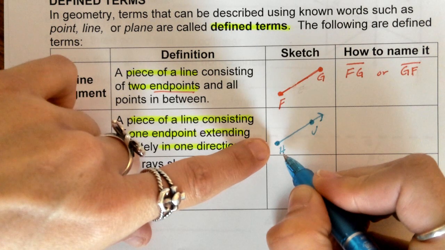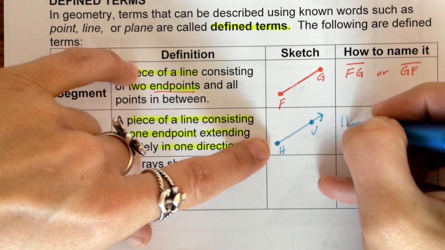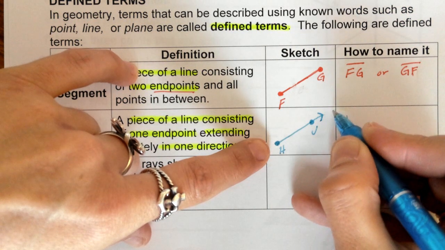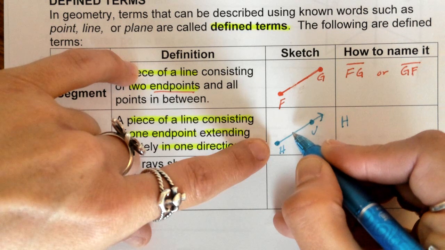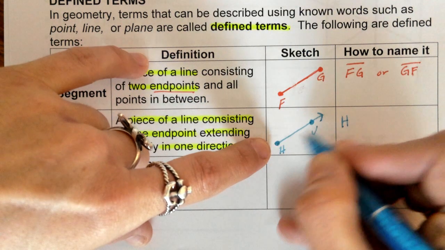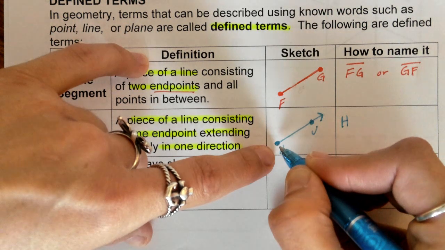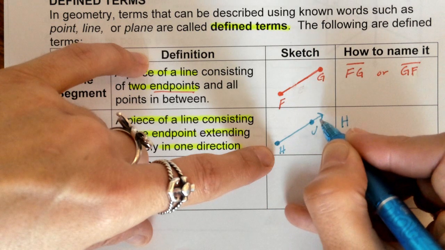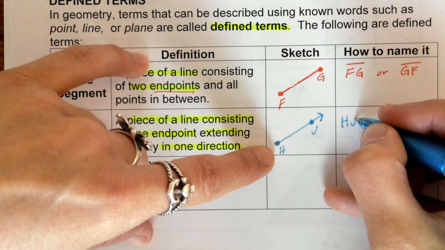So I have to start it with H. I don't get an option here. I have to start it with H, and I can pick up any point along the line. If I had another point right here, say E, I could name it ray HE, HJ, but here I only have 2 points, but it has to start where the ray starts, at this endpoint. And you just pick up any point along the way. So this would be ray HJ.